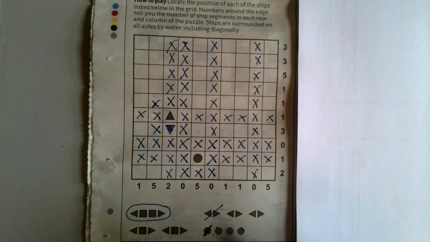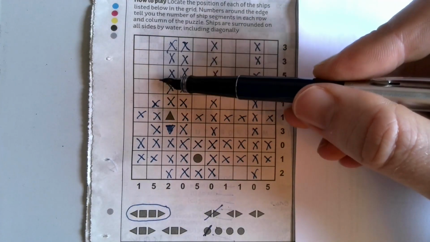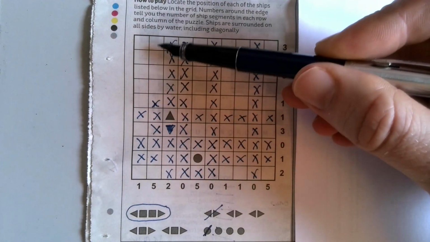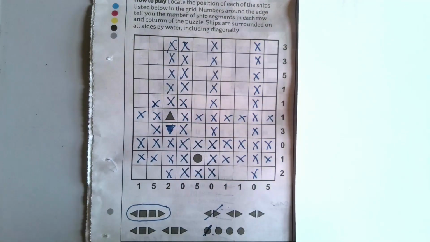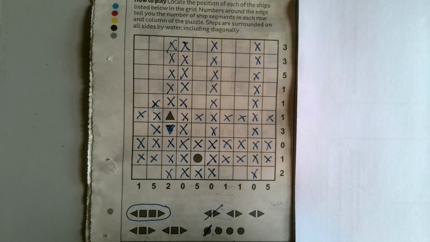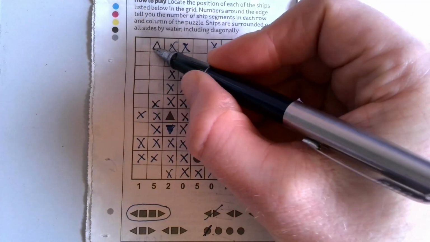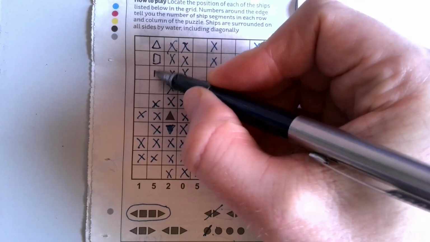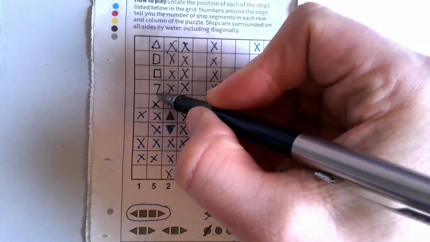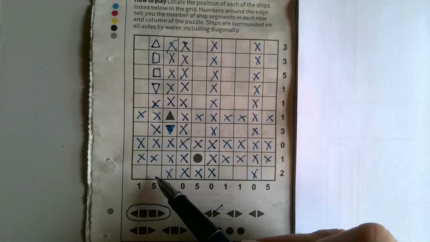And I think the key here is I've got 5 are going to be in this column, which means what I know is all 5 of those are filled up with boat. Well, if all 5 are filled up with boat, the long boat must go in there, and then we must have something here.